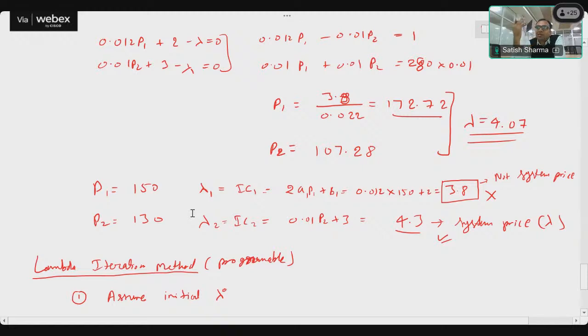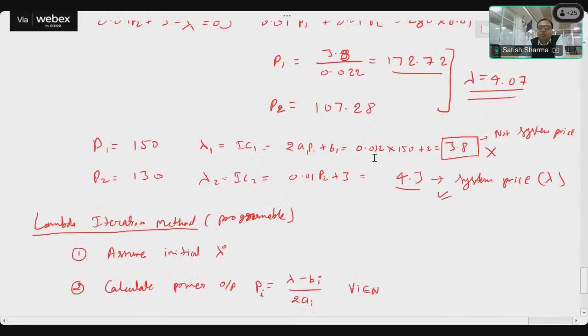So let's say the initial lambda, if I assume exactly 4.07, I will get these two values. But for the lambda iteration method, I will only enforce this 172 to 150, and keep 107. So if I keep 107, I will be short of some megawatts to supply that particular demand of 280.